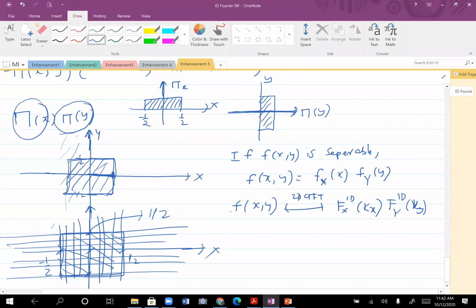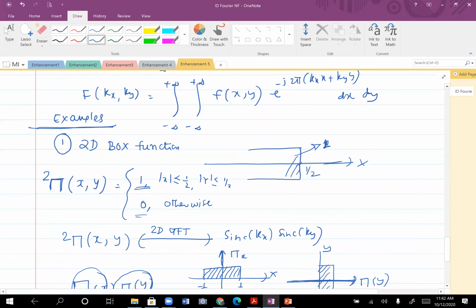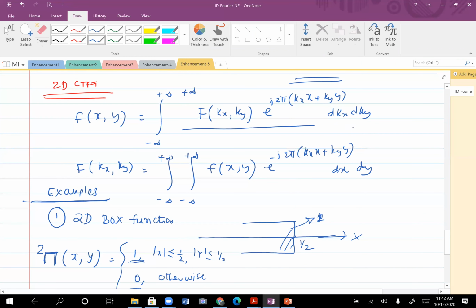This is essentially a generalized form that comes from this equation. You can derive this from here. So your f of xy, you could write as fx of x multiplied with fy of y.